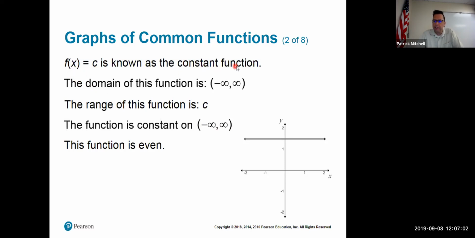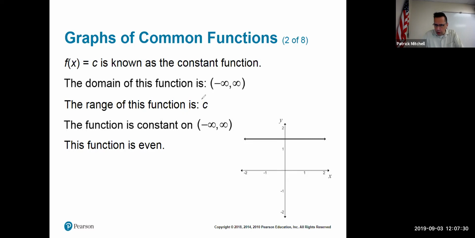And that's called a constant function because it only ever takes on one value, in this case, 1.5. So the domain of this function is all real numbers. If you squash this horizontal line onto the x-axis, you hit the whole x-axis. The range of this function is just the single number c, so I've been using 1.5.